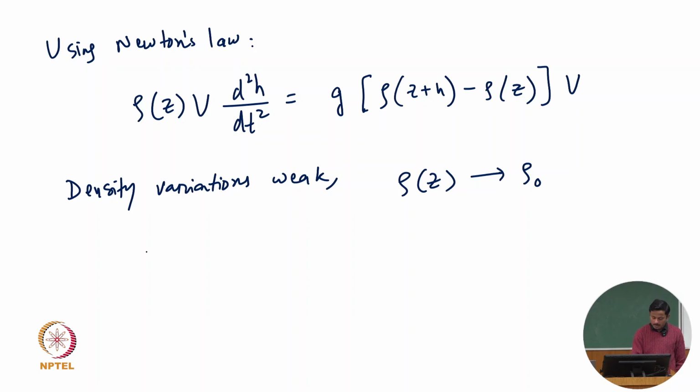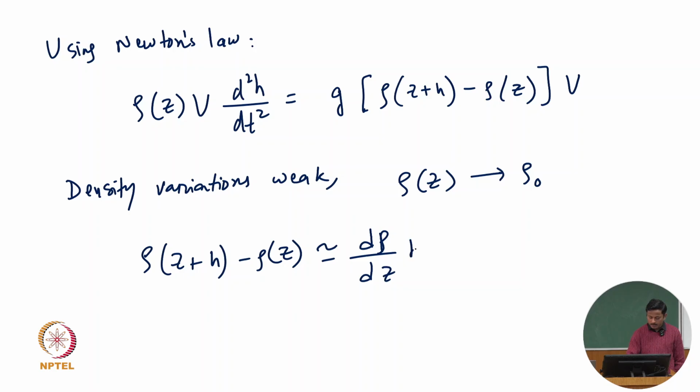And on the right hand side, ρ(z+h) minus ρ(z) is approximately equal to dρ/dz times h. So we do a Taylor series expansion because the density variations are weak.